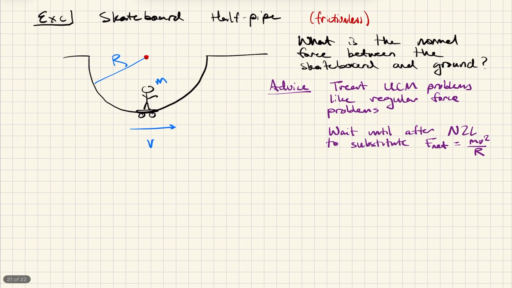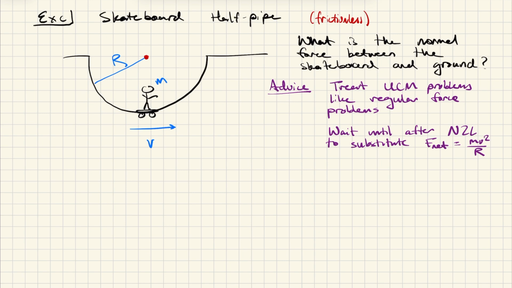The last thing I want to do is run through a full UCM problem just to show you all what it looks like when we do these problems with our full four-step force problem procedure. Imagine someone on a skateboard or rollerblades, it doesn't matter, on a half pipe. They're on the bottom part of the circle, and at the bottom of their trajectory, they're going to the right at some velocity v.